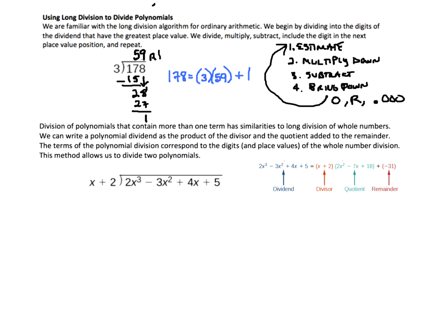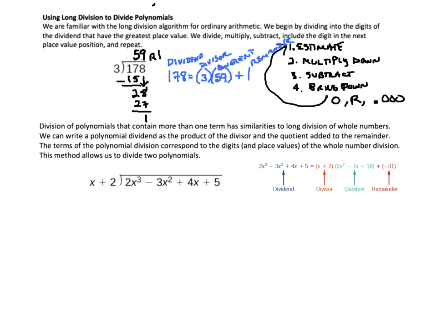So this is my dividend. This is my divisor. And this is my quotient. And this is my remainder.